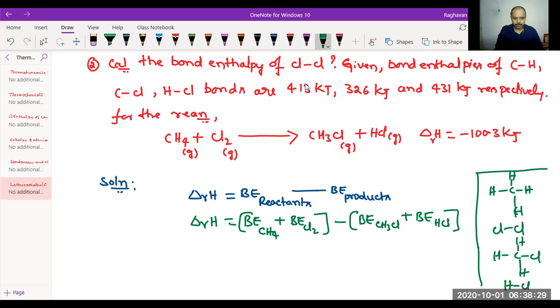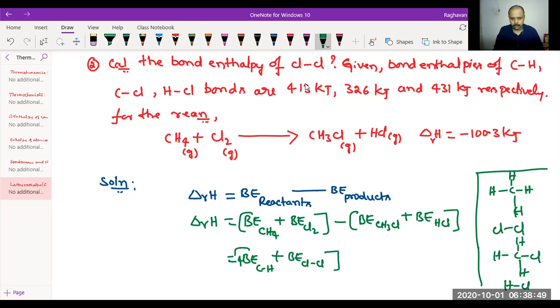So we need to substitute there. Okay. This is bond enthalpy of 4 times C-H bond. I think you can understand. In methane, there are 4 C-H bonds plus bond enthalpy of Cl-Cl bond, right?